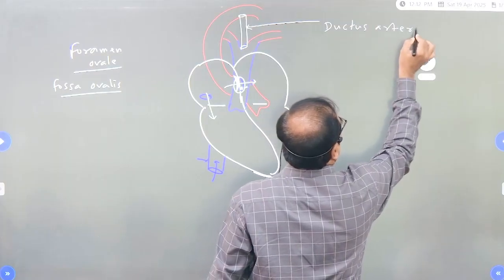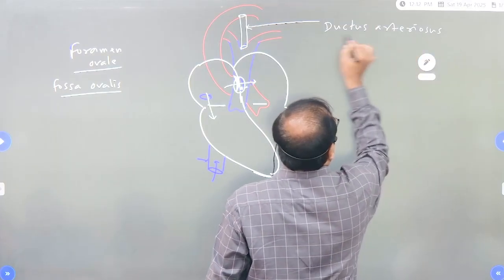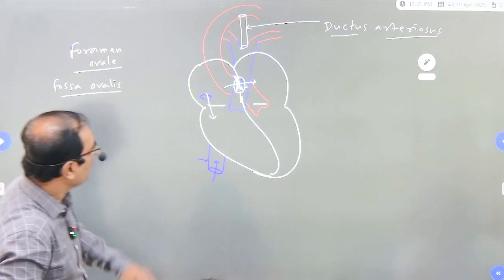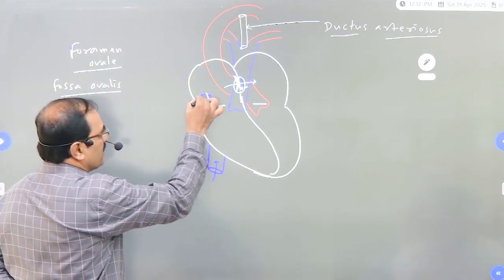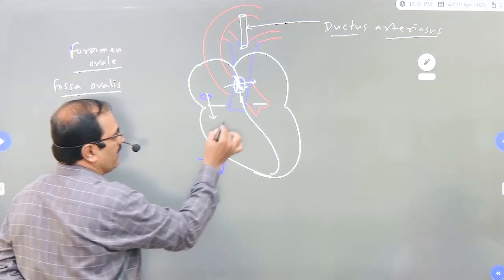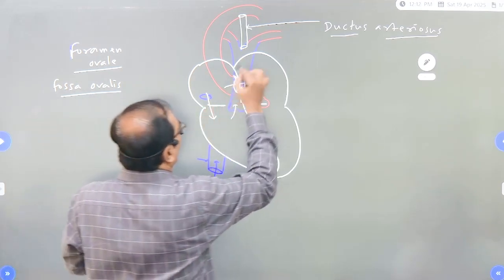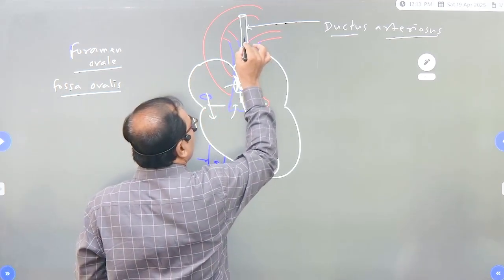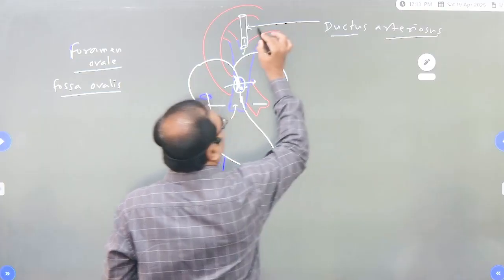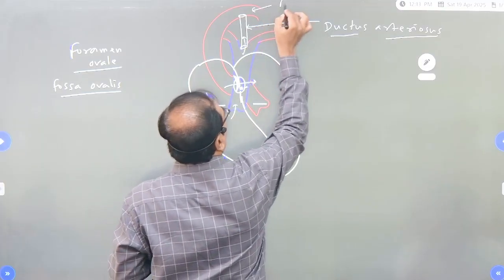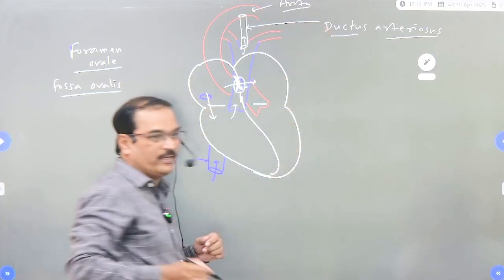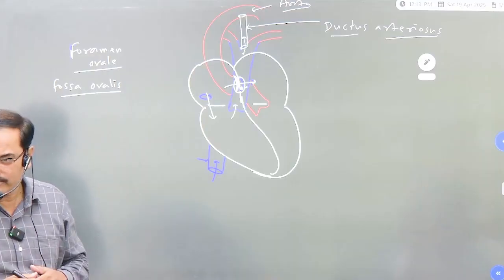ductus arteriosus. See, once again, before birth, some quantity of blood enters into the right ventricle, then enters into the pulmonary trunk, and from the pulmonary trunk, blood directly enters into the ductus arteriosus and then into the aorta. So it is prevented from entering into the lungs.